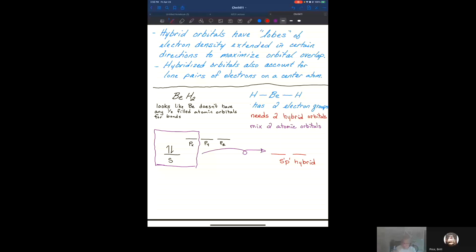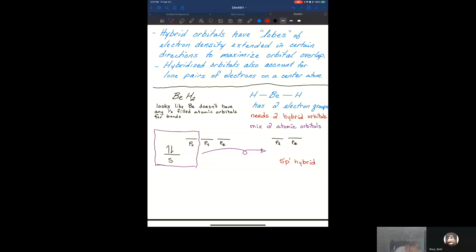How many electron groups am I accounting for? 2. How many atomic orbitals did I mix? 2. To give me 2 hybrid orbitals. And then I also have these unhybridized p_y and p_z.